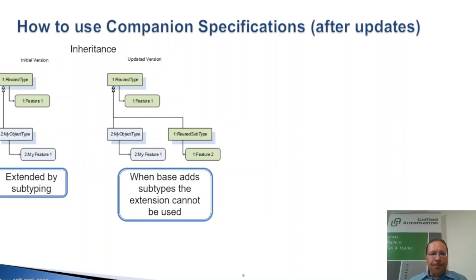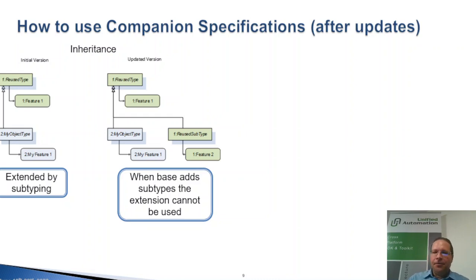What happens if the companion spec extends its specification and, in this case, creates a subtype of this reuse type with another feature, as you can see here in the drawing? You don't get this feature, because it's on the same level as your type in the type hierarchy.